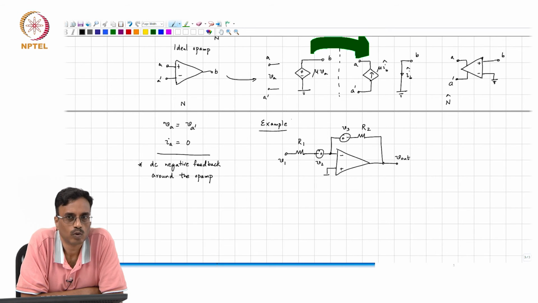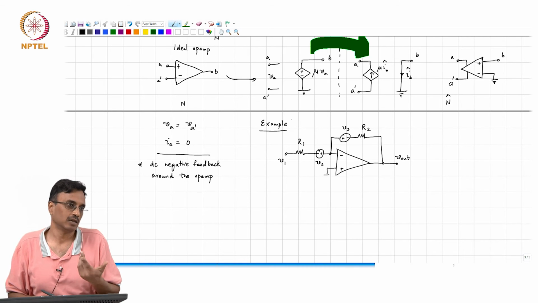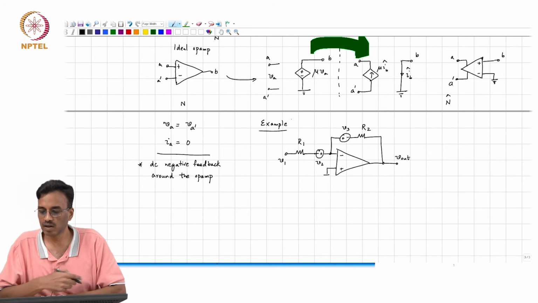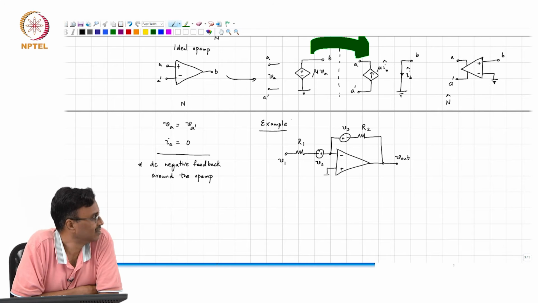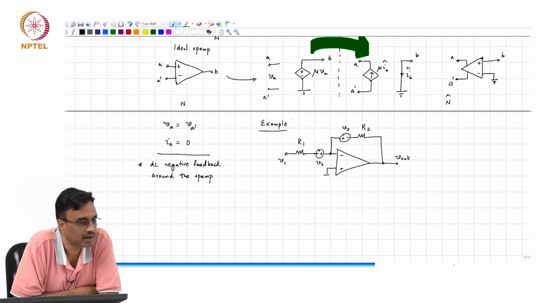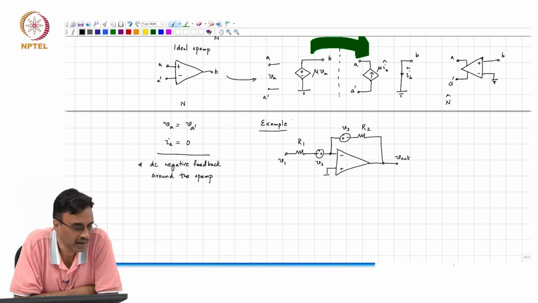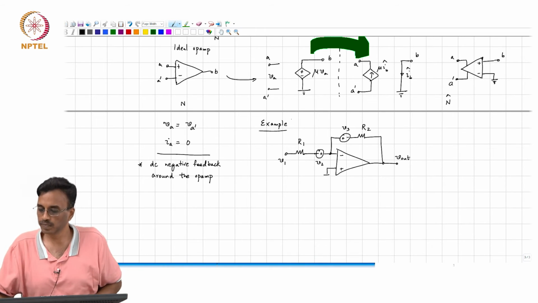What would we like to do? Find transfer functions from V1, V2 and V3 to V out. I mean, this is a pretty straightforward example. You do not really need the adjoint concept to do this, but as I said, it is just to illustrate the point. In reality, you have much more complicated networks, and therefore, the adjoint is used de facto.